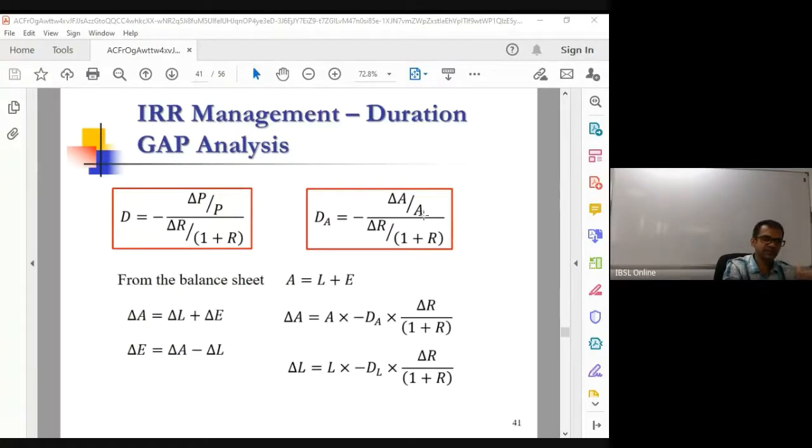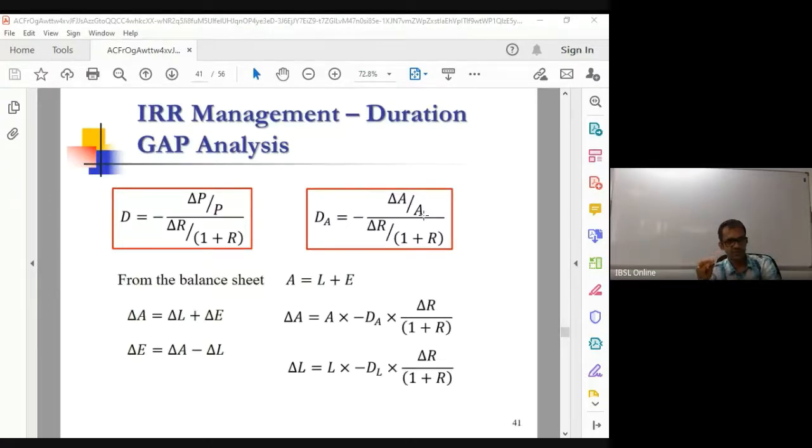When the interest rate changes, the value of your liabilities will change. So we can find the duration of assets as well as duration of liabilities. So we are going to use that to measure the duration of equity. When the interest rate changes, what would be the change in your equity?